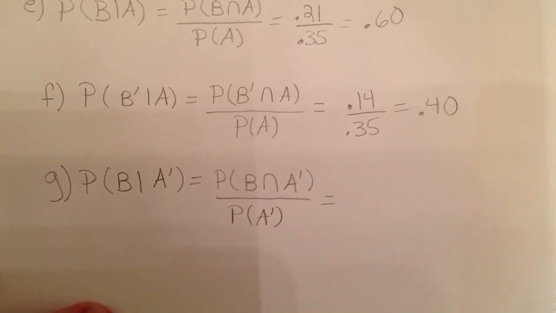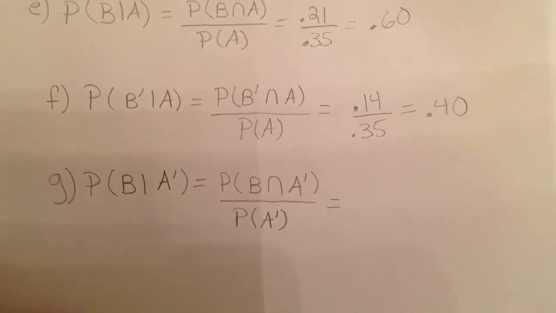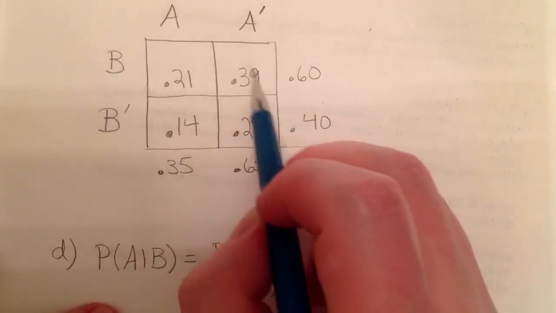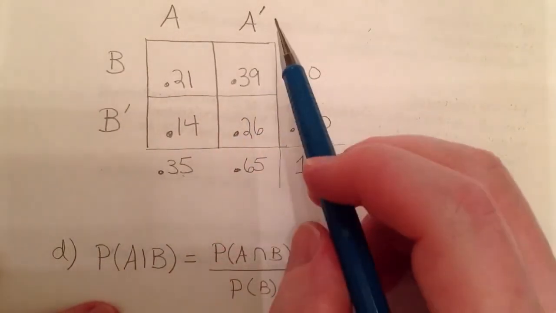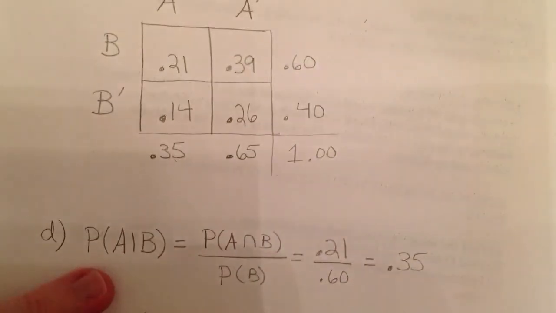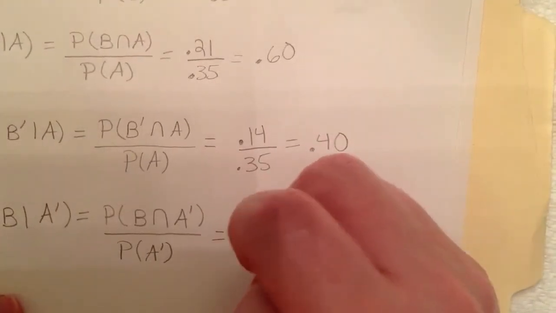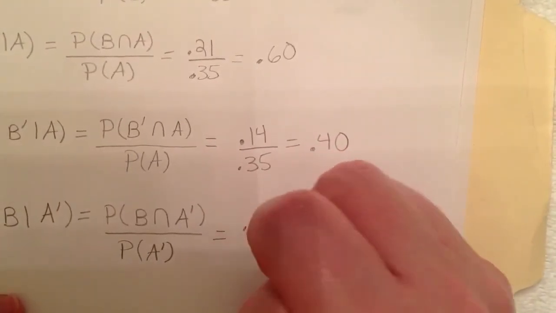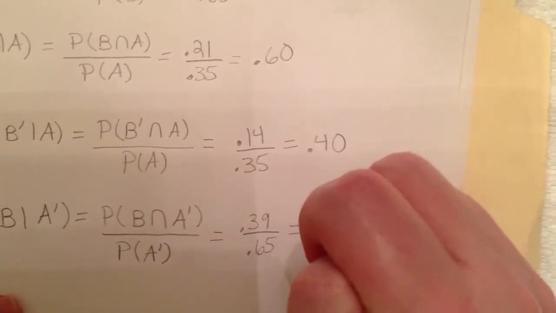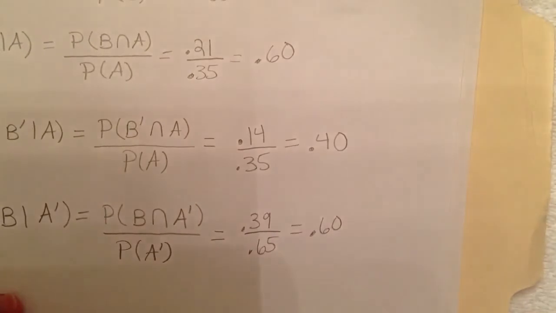For B intersecting A prime, we have 0.39. Probability that A does not occur is 0.65. So we have 0.39 out of 0.65, and that probability is 0.60.